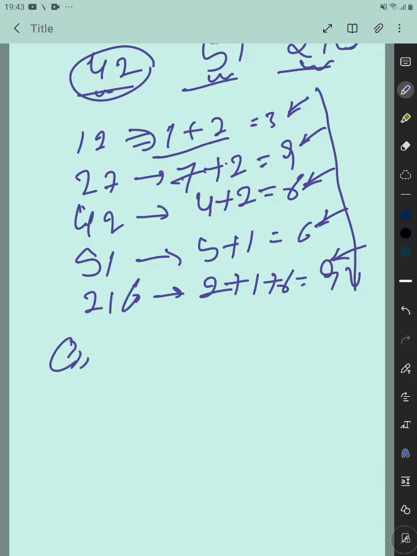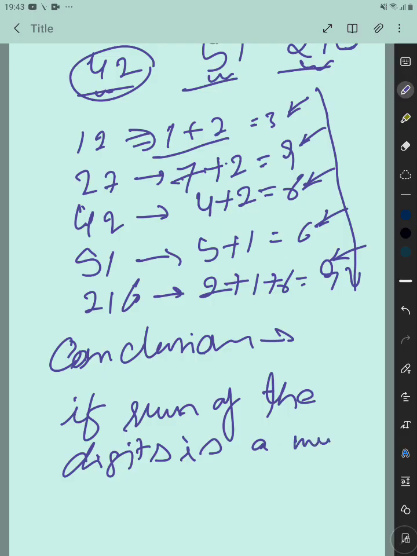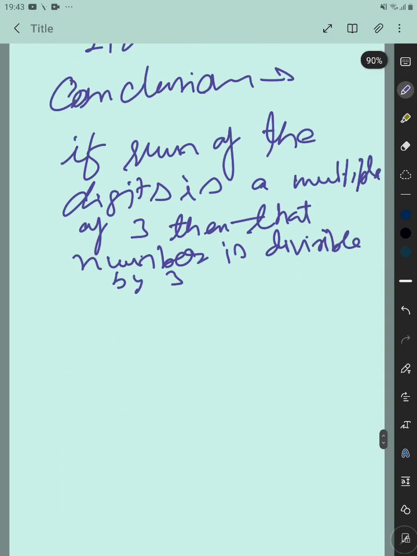If the sum of the digits is a multiple of 3, then that number is divisible by 3, okay. So this is the conclusion.